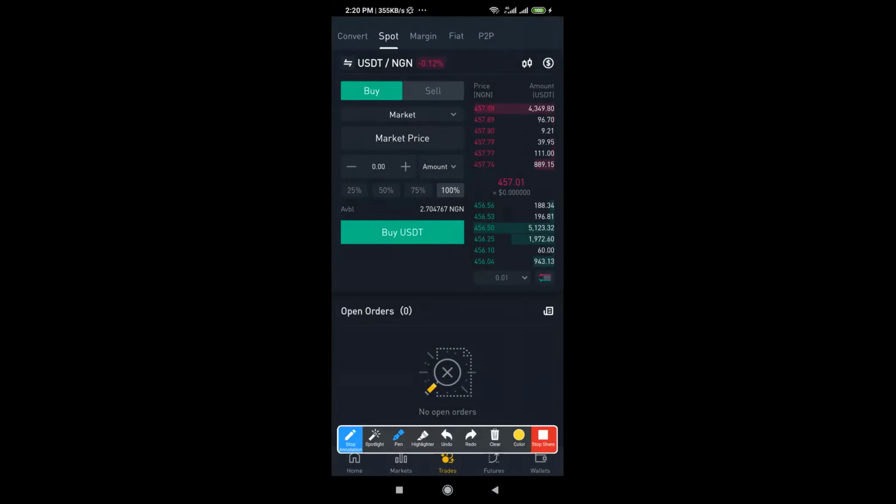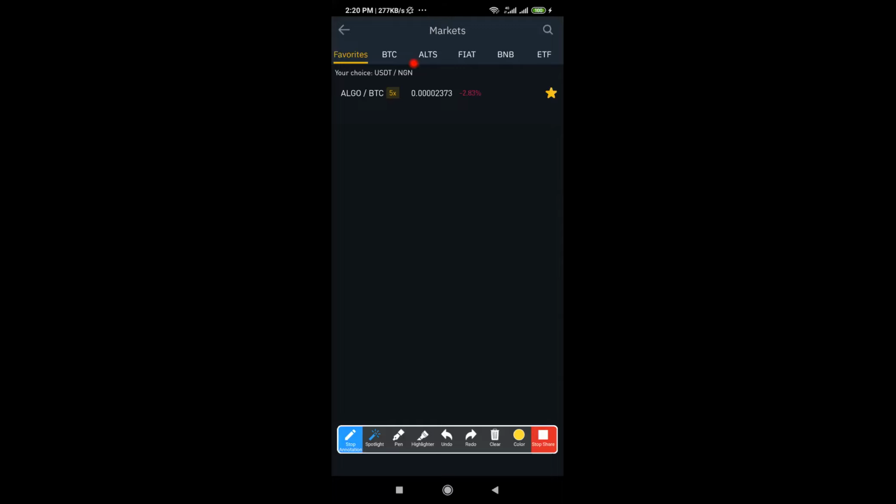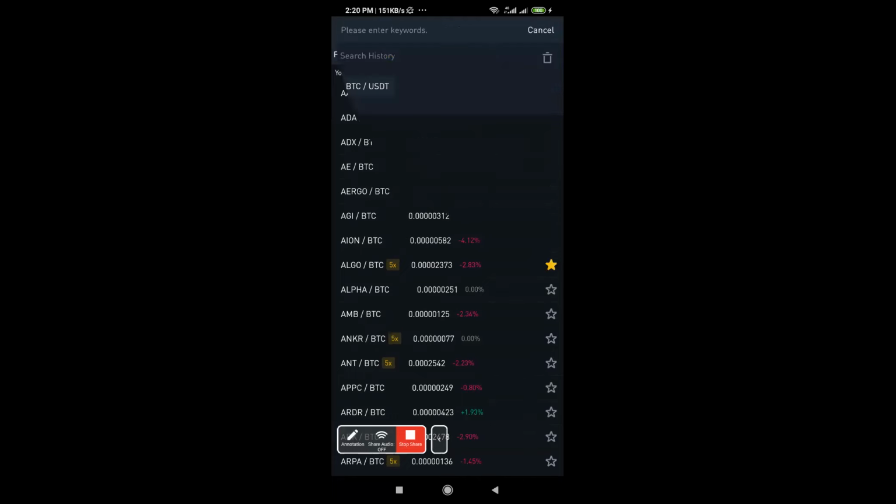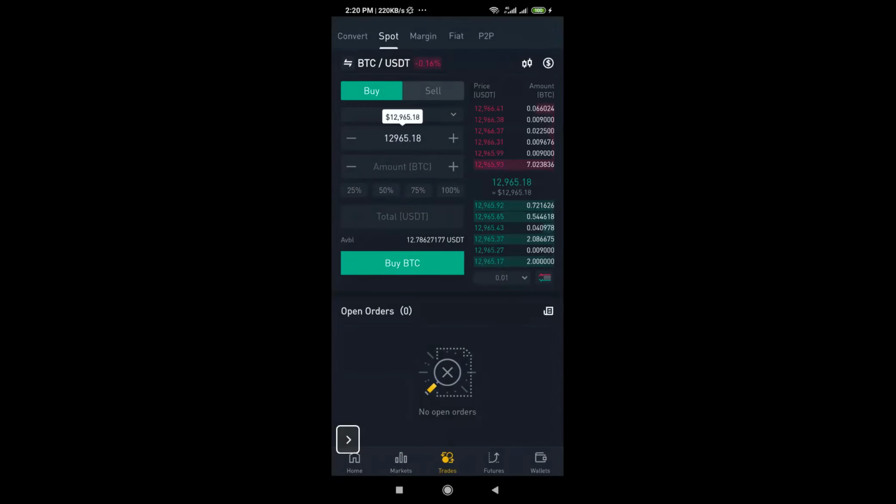So I click here, and then I click here to search, or I just come to this point here to see the pair that you're in, BTC. I've set BTC USDT before, that's why it was showing me.